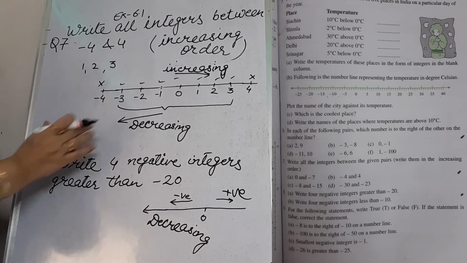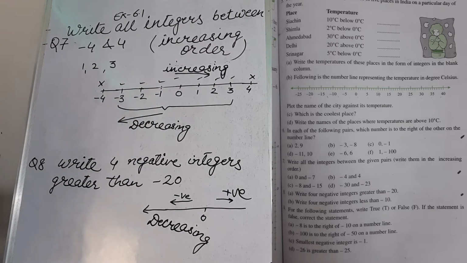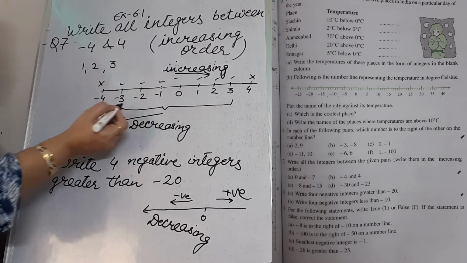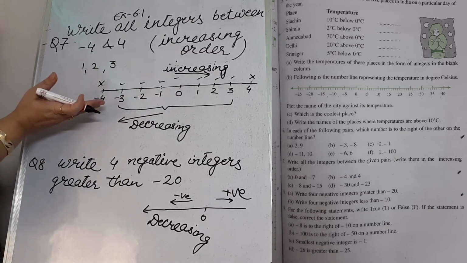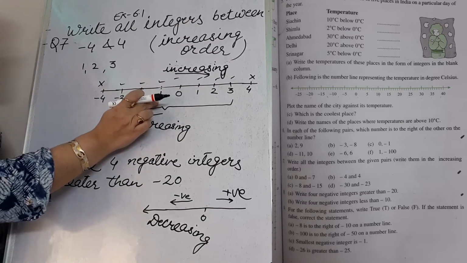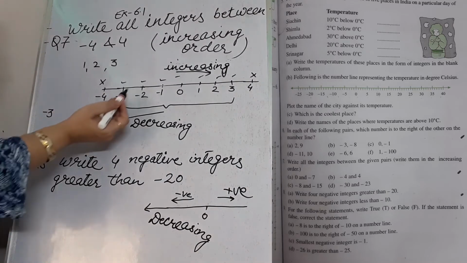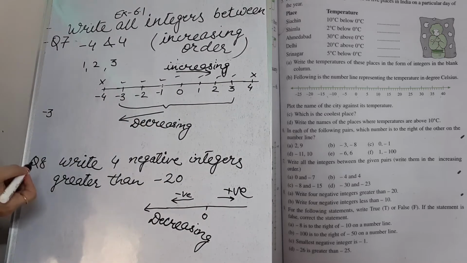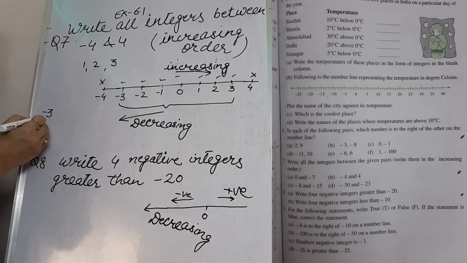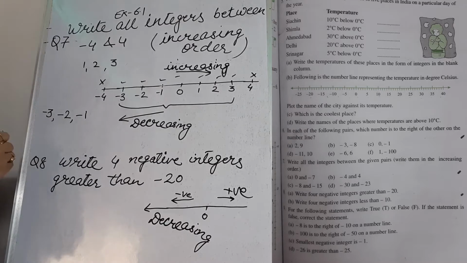Increasing order. What about these? -3, -2, -1. Which one is the smallest one? Out of these, which one is the smallest? As these are in decreasing order, means -1 is the greatest integers in negative. So out of these -3, -2, -1, -1 is the greatest. So I will write -3 as smallest, then -2 and -1.